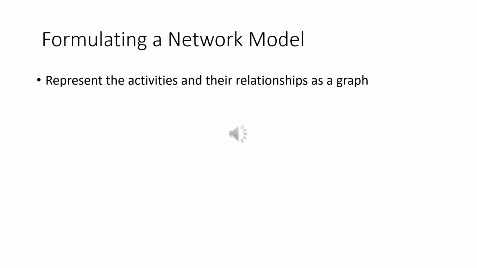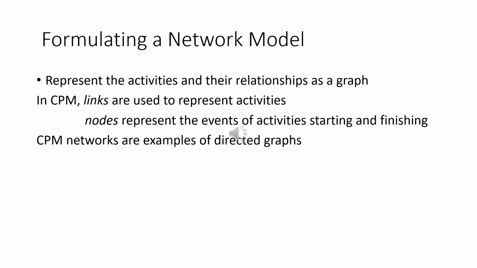Formulating a network model. The first stage in creating a network model is to represent the activities and their interrelationships as a graph. In CPM, we do this by representing activities as links, arrowed lines or arrow marks in the graph.